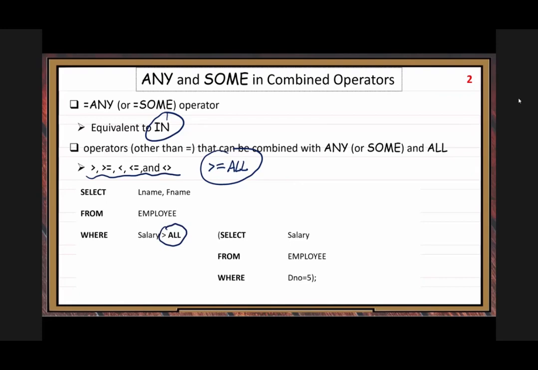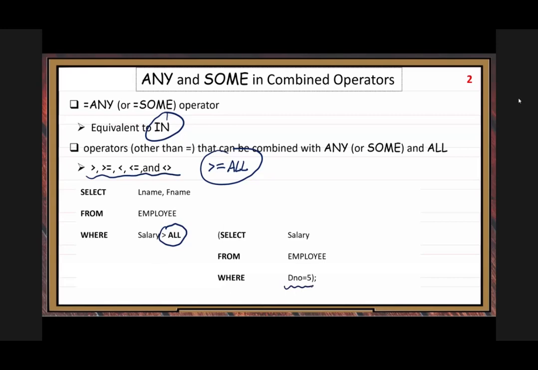Here you can see the employee whose salary is strictly greater than any employee in department 5.